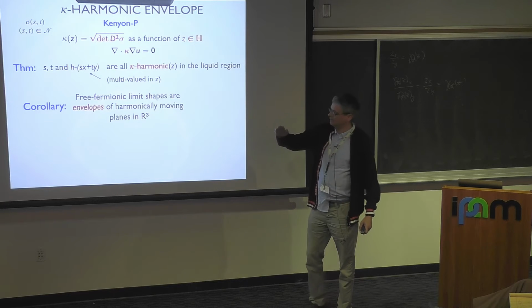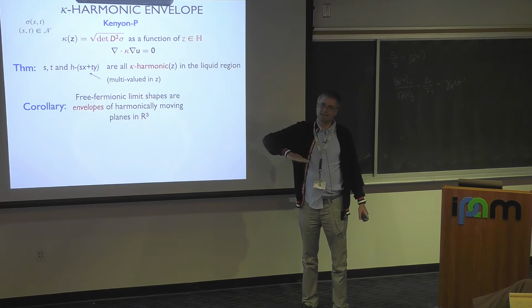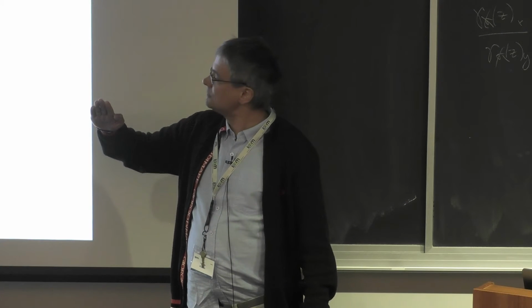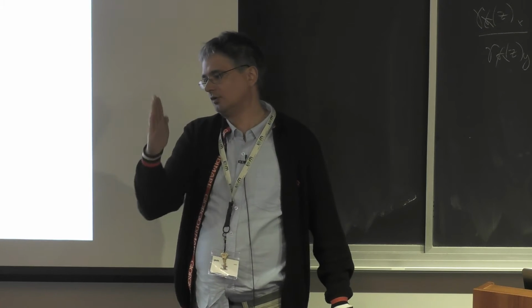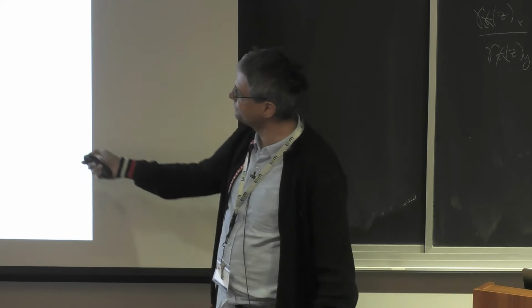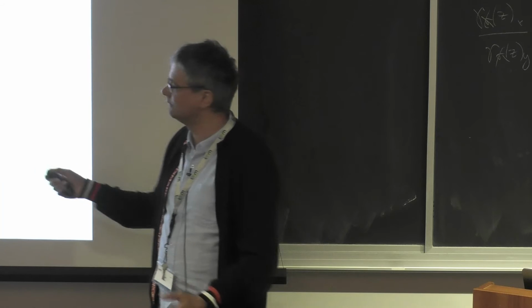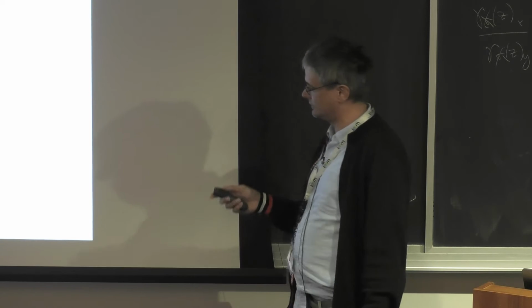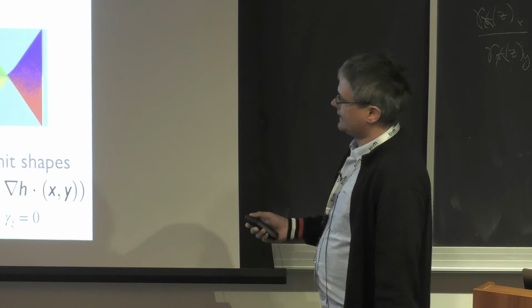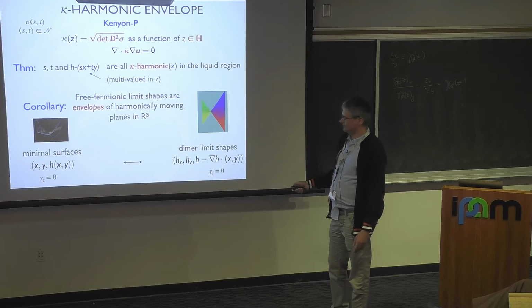So as a corollary, we see that if you think in terms of the tangent plane, we have a family of planes in R3 where all the coefficients are moving in a harmonic fashion, and then their envelope gives the limit surface. So there is an analogy here with the minimal surfaces.